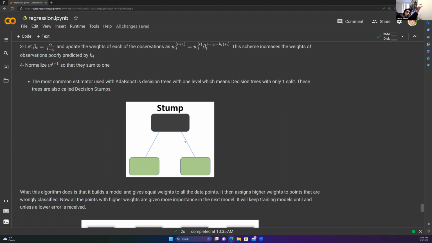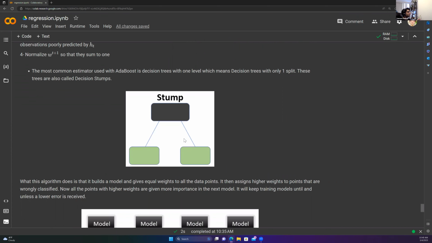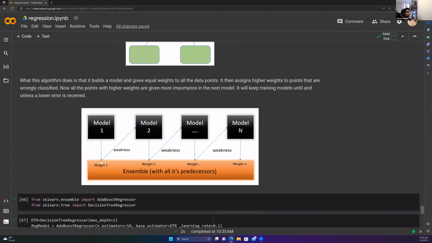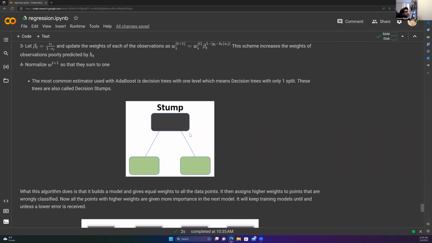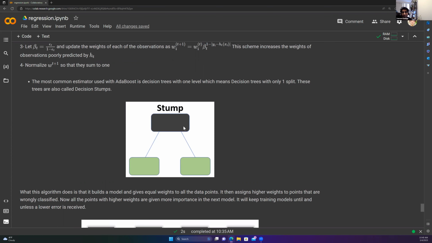It's like one root node and two leaf nodes. But we have many of these stumps. So the result of this stump gets weighted and goes to the next one, gets weighted, next one, and so forth. And we call these weak learners.